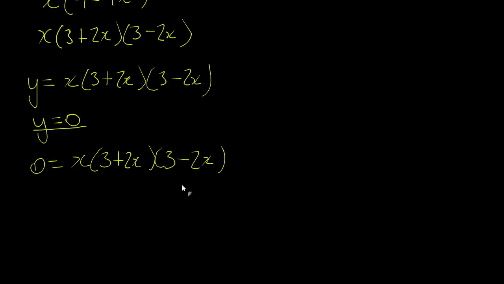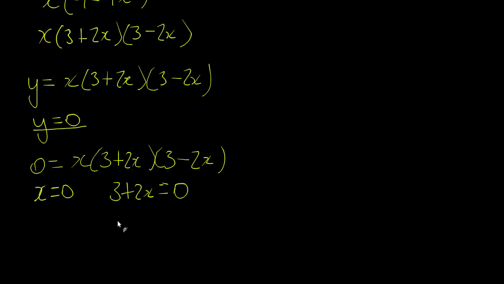And then we can get our solutions. So if we've got 3 things multiplied together, one of them must be 0 for it to make 0.